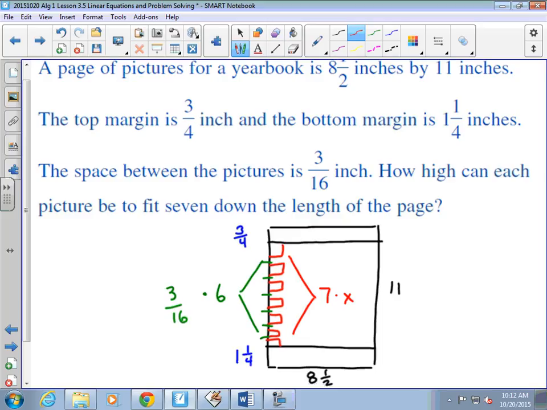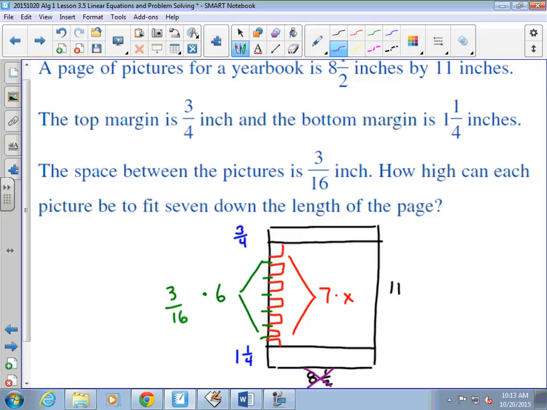We're looking for the height of each picture. Do we want to know anything about the width of each picture? No. So what number represents the width on the page? 8.5. So that number, even though it's there, is unused in this problem.